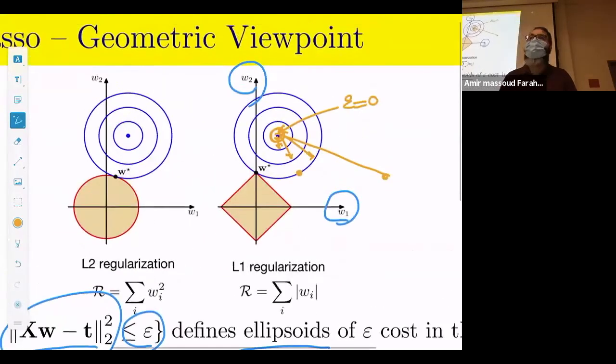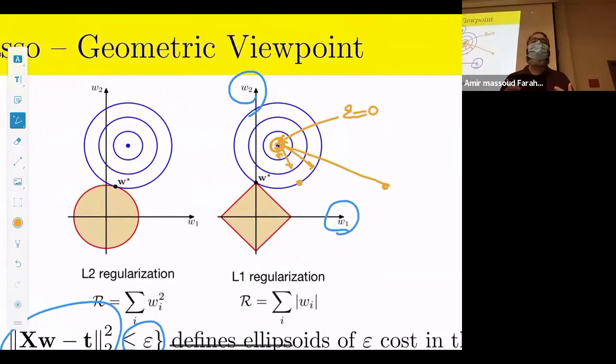Now, in the constraint optimization viewpoint, we want to find the minimum of this cost function, so we want to find the minimum epsilon that is possible. But we have a constraint: the weight should belong to a constraint set.